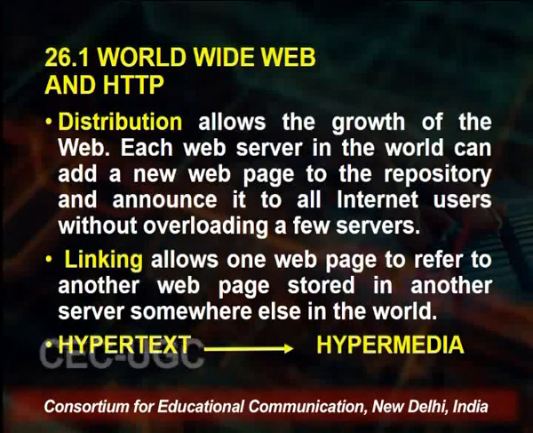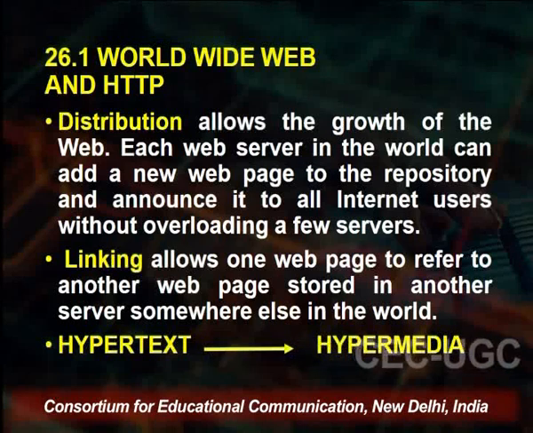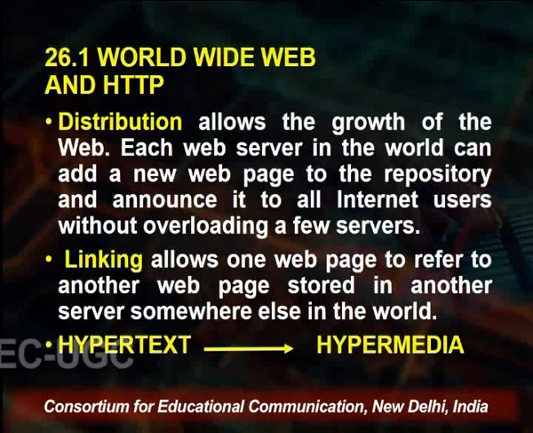Earlier we used to say hypertext, because only the text used to work as a link, but now this is known as hypermedia, because all types of media, whether it is text, audio, video, graphics, animation, any of these can work as a link to another page. So the two main attributes which make the World Wide Web so strong are distribution and linking.